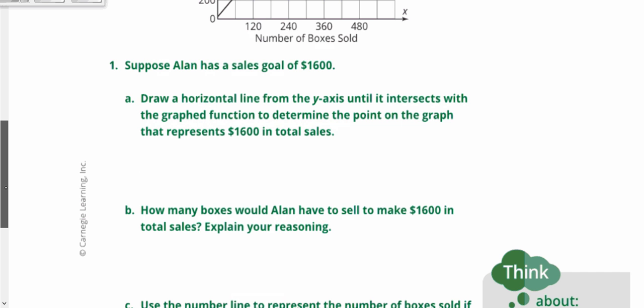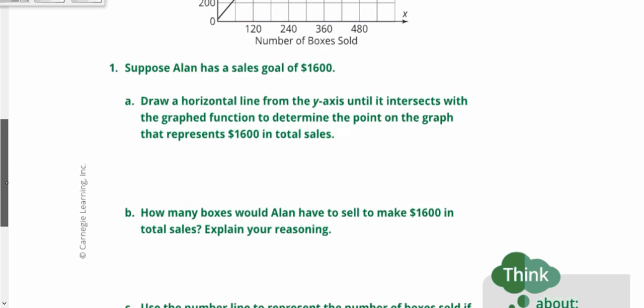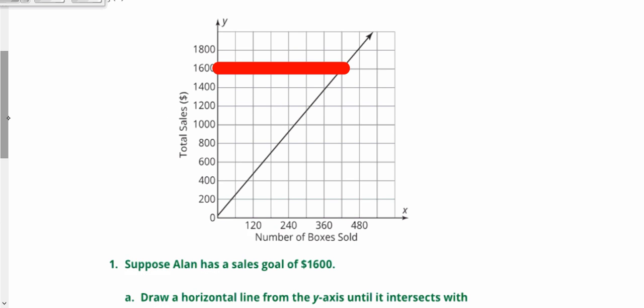Part B says, how many boxes would Alan have to sell to make 1,600 in total sales? So total sales is at this point right here, of 1,600. That's where it intersects that line. Then we need to see how many boxes he sells to reach that. So we are going to be looking down at how many boxes he sells right there.